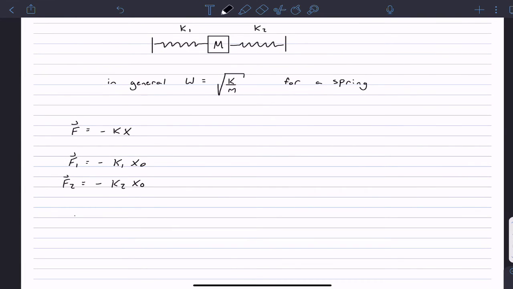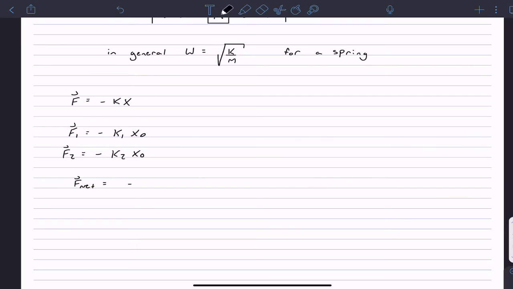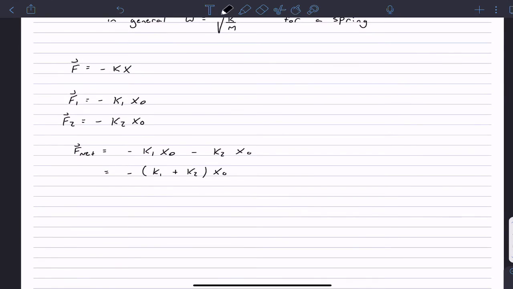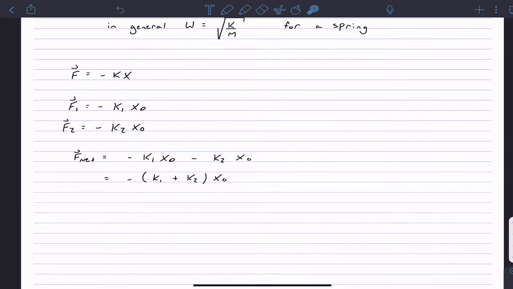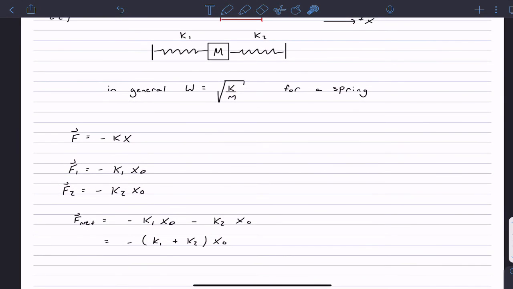So now we just sum these up using what we know of forces, right? F net is going to be equal to negative k1 x naught minus k2 x naught. That's convenient. So now we have negative (k1 plus k2) x naught. This is the total spring force on the system.